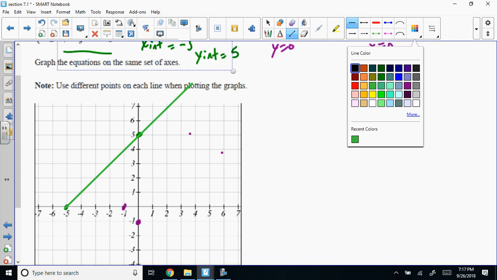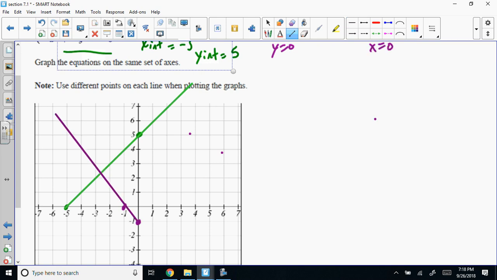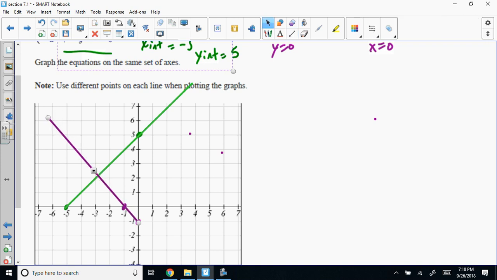So let's go find the purple there. Yeah, you see my problem? Is it going to cross at a pretty place? Anybody? Really?